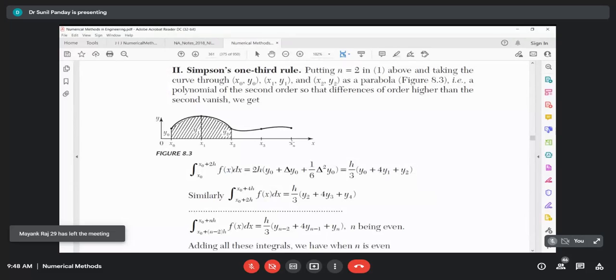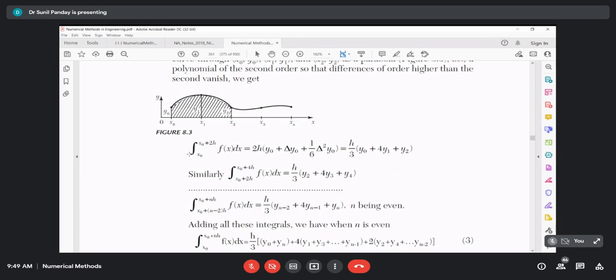So in Simpson one-third rule, we divide the given integral from a to b into an even number of sub-integrations.